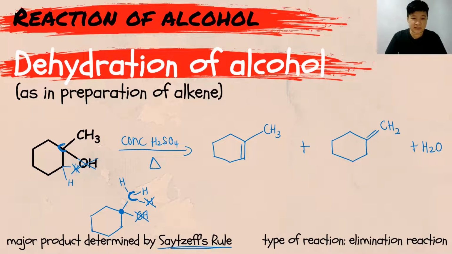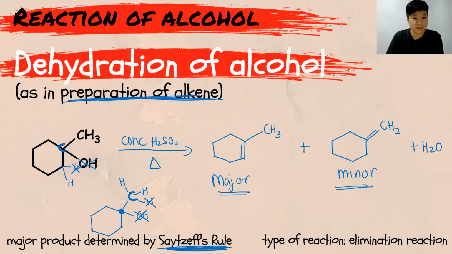And according to the Saytzeff rule, which one is your major product? Your major product is the highly substituted double bond that has more alkyl groups. So this will be your major product. This will be your minor product. This is something that we have learned in the preparation of alkene. Okay?